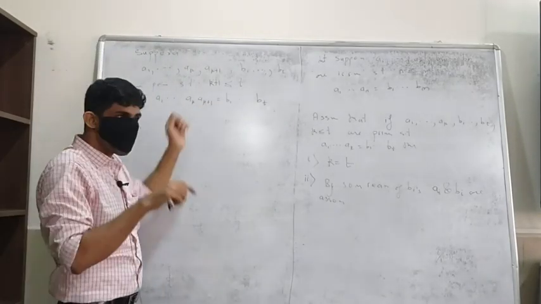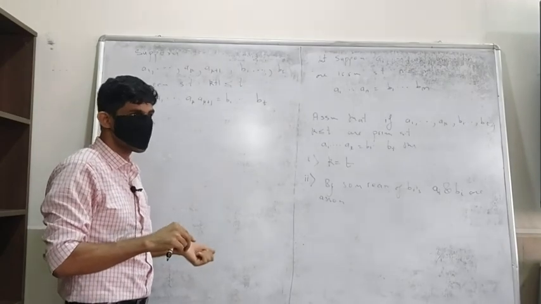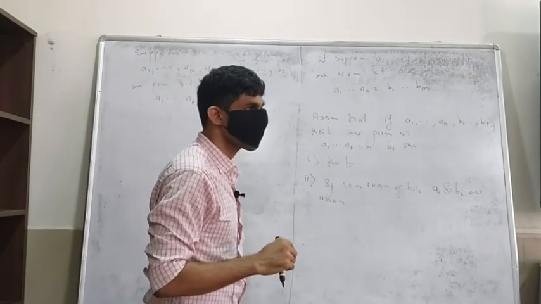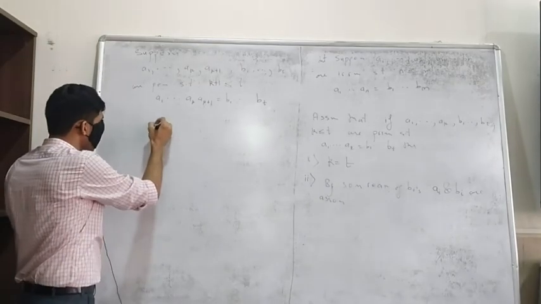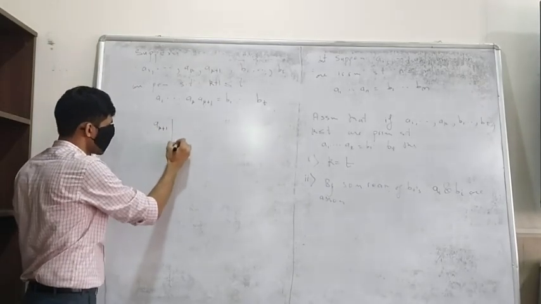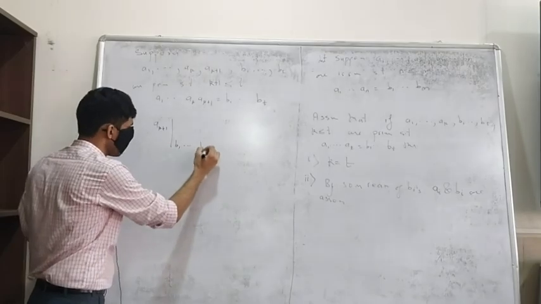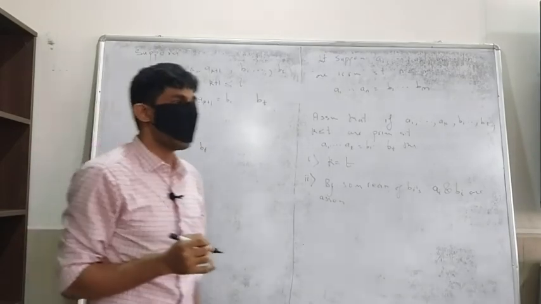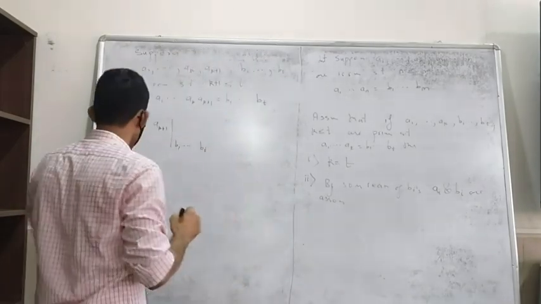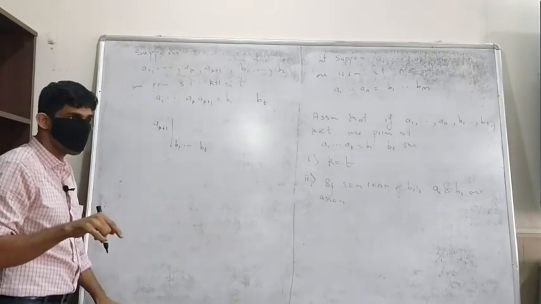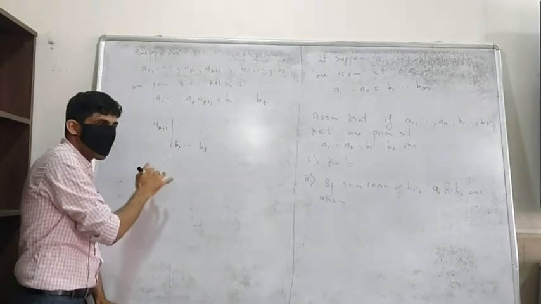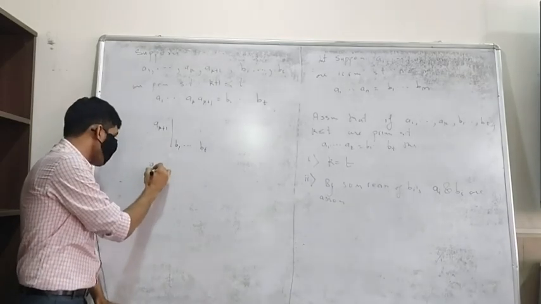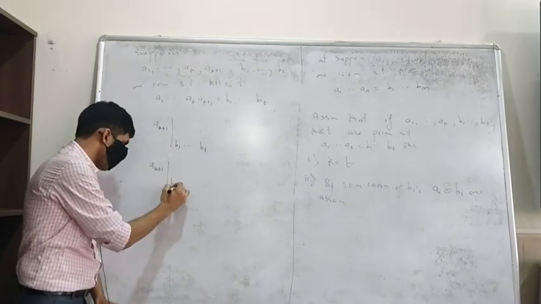So a(k+1) divides b1 up to bt, and since a(k+1) is an irreducible, it is a prime because we are in a PID. Therefore there will be one i here such that a(k+1) divides bi.